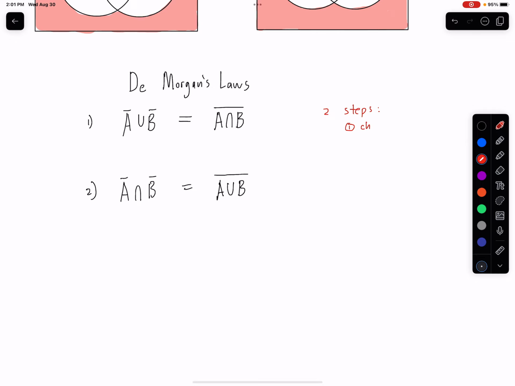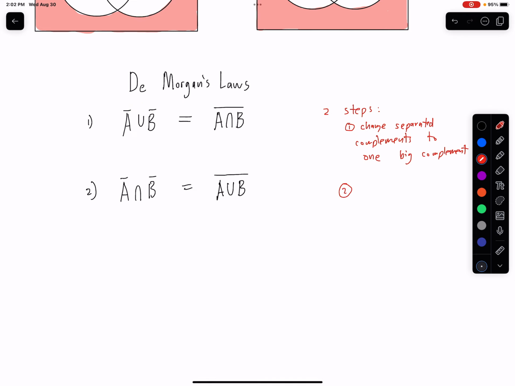Change separated complements to one big complement. Or vice versa, if you start with the big complement, you can separate it out into 2. Or if you have 2 separate complements, you can combine them to make one big one. That's the first step. Okay?